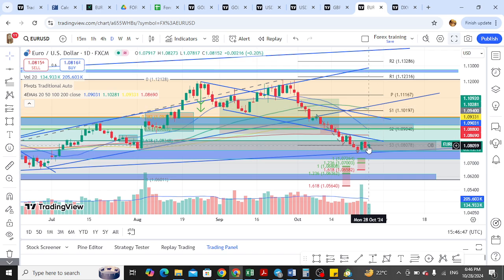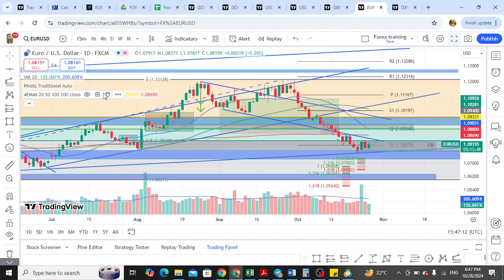If the dollar is getting stronger, it's going to these areas. So we might see the dollar getting weaker to reach this resistance here, or this resistance here, and then going back. I don't know, maybe.